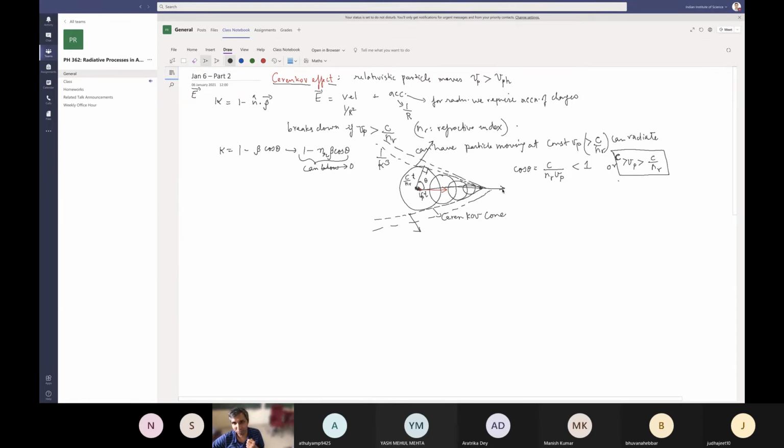If the particle is moving very fast relative to the speed of light in that medium, this Cherenkov cone can be very narrow. So by measuring the propagation of Cherenkov light in time, we can know in what direction and at what velocity the fast particle is moving.